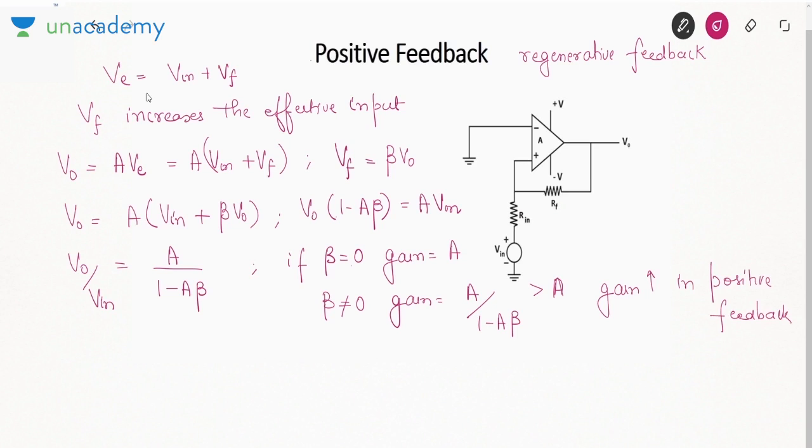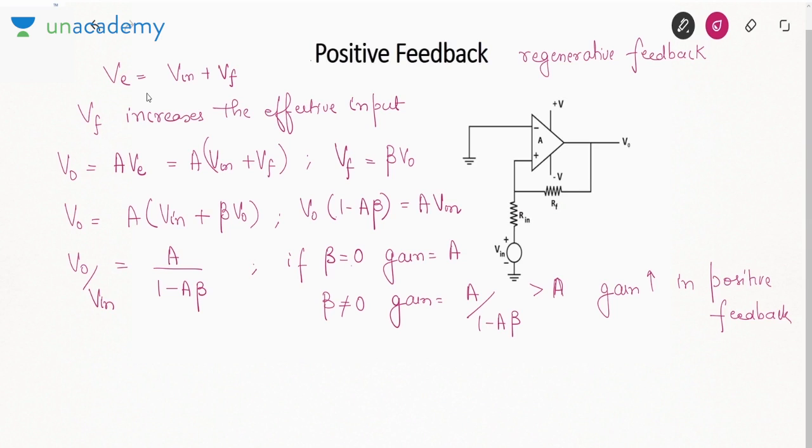Are you getting my point? The gain will increase in positive feedback, and we wanted to stabilize the gain. Think like this. Why did I apply feedback? I told you that the open loop gain is very high. It is unstable operation. I wanted to stabilize it. But in positive feedback, what have we done? We have increased the value of gain. Already the gain was very high, but we have still increased it.